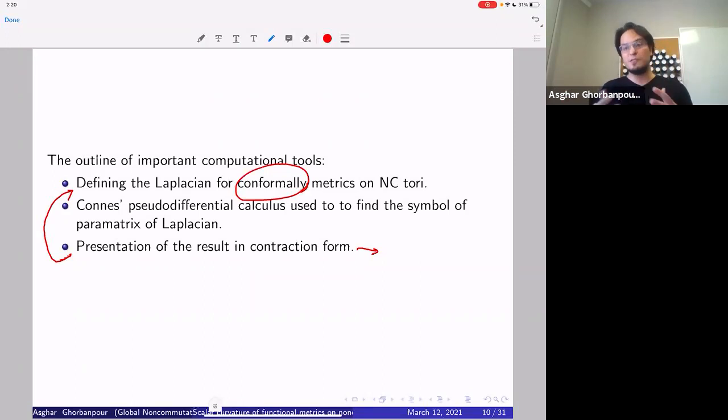It gives us very smooth computations, and with that idea we were able to compute some of the scalar curvatures of, for example, conformally flat matrix in all higher dimensions, 2, 3, 4, for any n. I will show you the result.